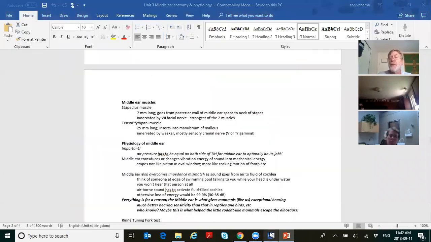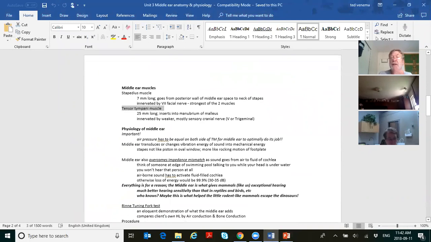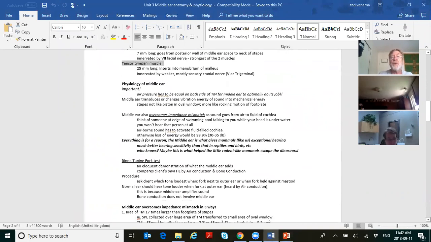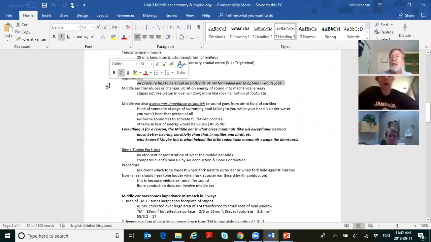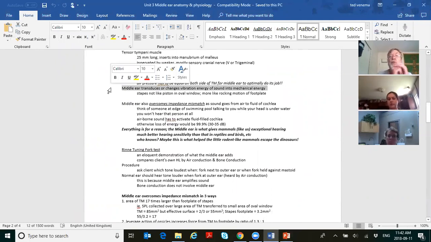Now we get into middle ear physiology, and this is where we finished last week. And very important, once again, air pressure has to be even on both sides of the tympanic membrane for the middle ear to do its job. Now here, underline the word transduces, because that's a big word in our field.